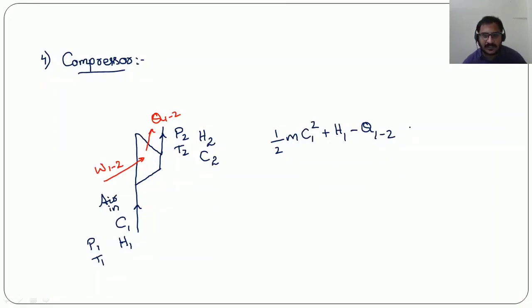So heat is rejected by the system, so we need to take negative. This will be equal to half m C2 square plus H2 minus W12. So why we have taken minus W12 here is work input we are giving to the system. So from this we can write the expression.